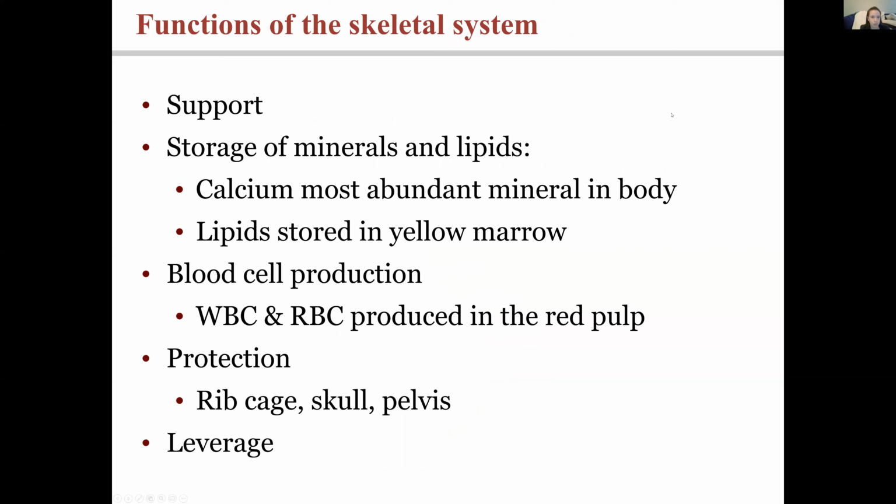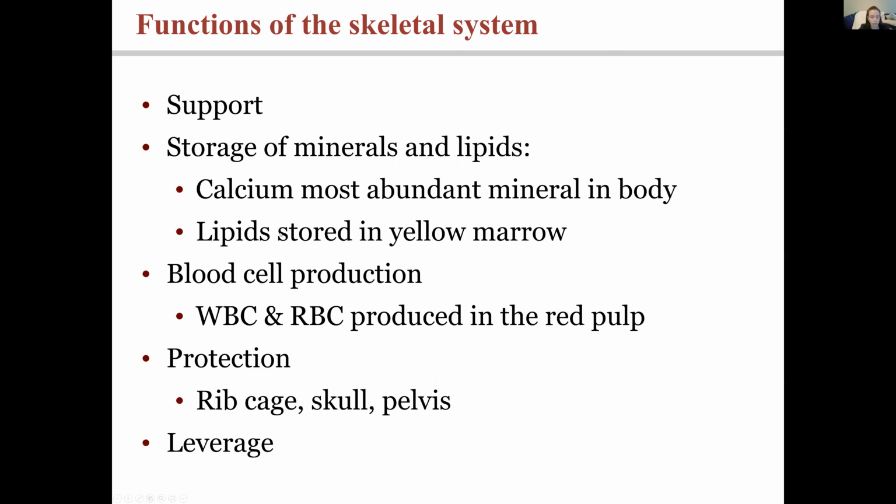So here are the functions of the skeletal system. You're going to see support and storage. Within storage, you have calcium. Calcium homeostasis is going to be regulated in large part through resorption and deposition of calcium within the skeletal system.